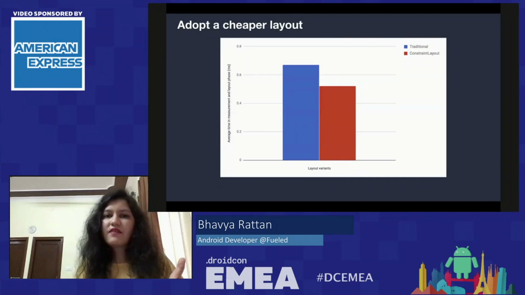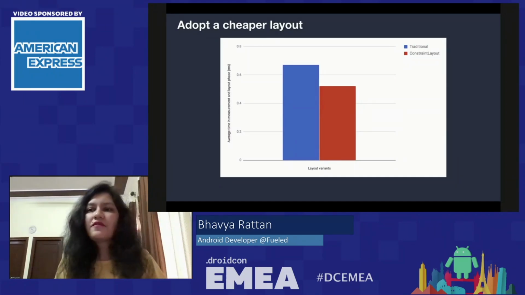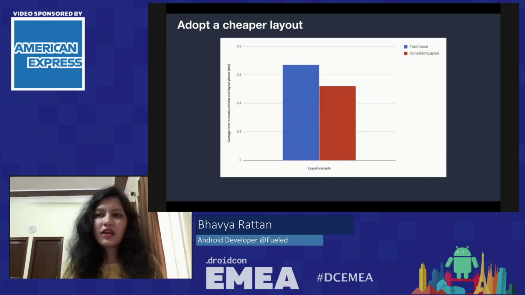So here we have a graphical representation where I used the frame metrics API in one of the screens. One I drew with a traditional approach using relative layout and nested linear layouts. And the red bar graph that you see here is doing the same UI using a constraint layout, and we measured performance using the frame metrics API.